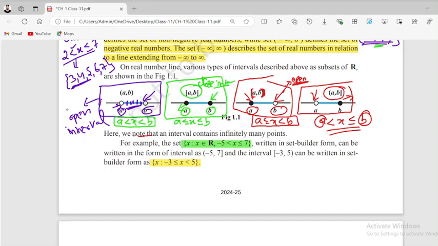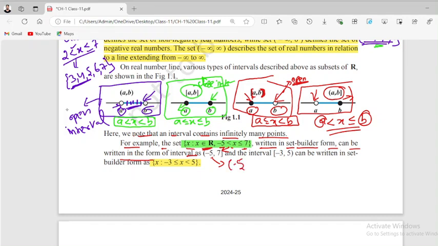Here we note that the interval contains infinitely many points. For example, the set x such that x belongs to real numbers, minus 5 less than x less than or equal to 7, written in the set builder form, can be written in the form of an interval like that. Basically, this is the representation in the braces, minus 5.